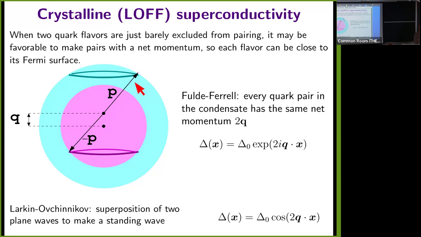And the LOFF suggestion is, supposing you take a ring on the down quark Fermi surface here, and you pair them with particles on a ring on the strange quark Fermi surface, such that the x and y components in the horizontal direction cancel out, that the x momentum of the strange quark cancels the x momentum of the down quark, but the z momenta don't cancel.